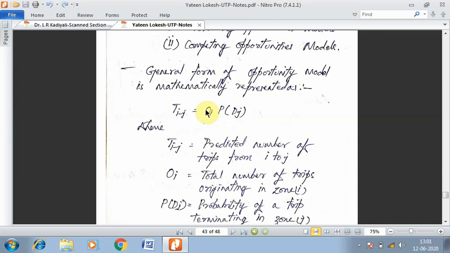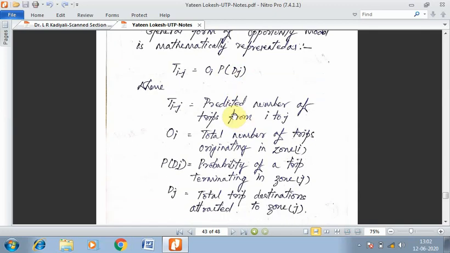zone I. Some places they might represent it as Pi also, but in this text from where I have taken these equations, the author has considered Oi to be the number of trips originating in zone I. Whereas this P should not be mistaken for the trips, but it is the probability of a trip terminating in zone J. Okay.